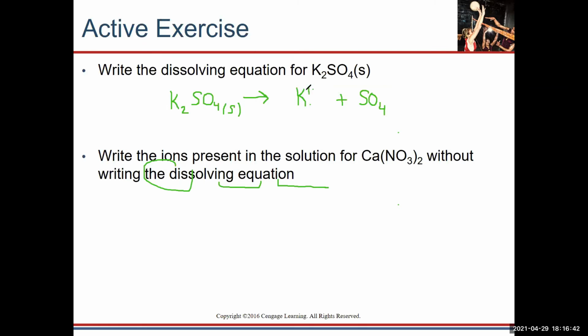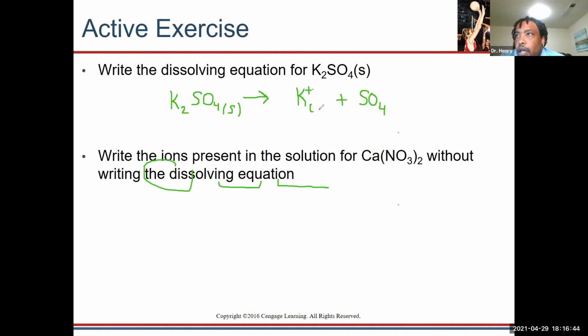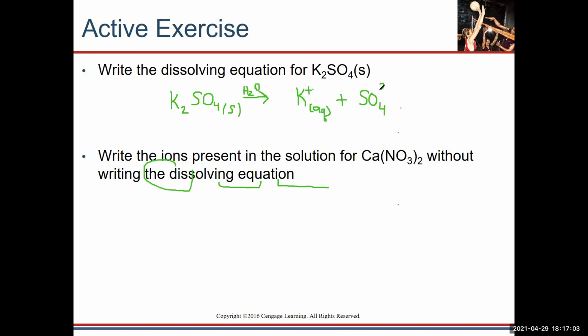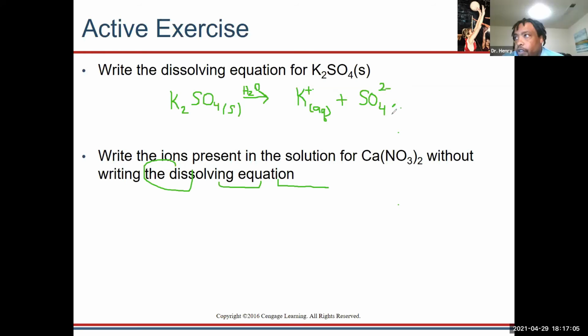And since it's going to be in water, it's going to be aqueous. And the same thing, what about sulfate? A -2 charge. And again, it's going to be aqueous.